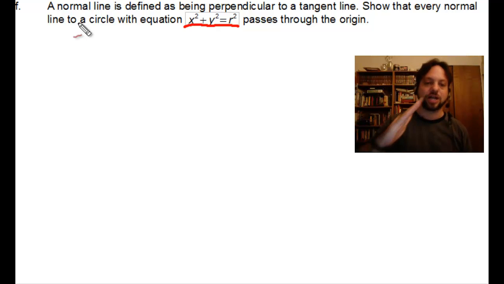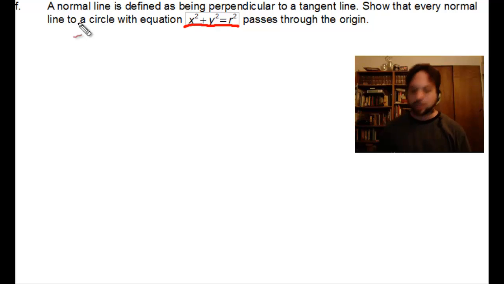So where a tangent line shows the slope of a tangent line to a function, a normal line would just be the line that crosses right through a function, in essence. So what we're going to show here is that every normal line given to this particular circle passes through the origin.